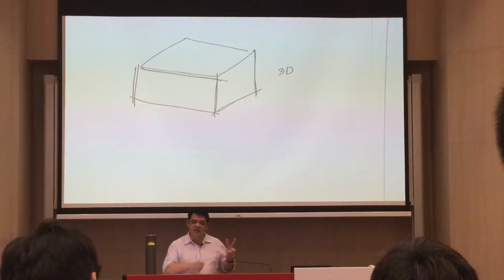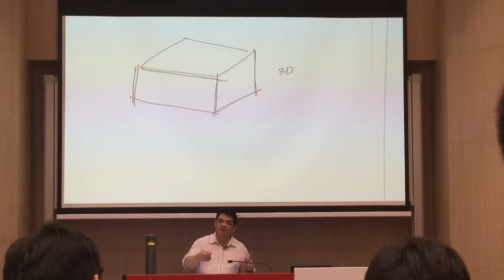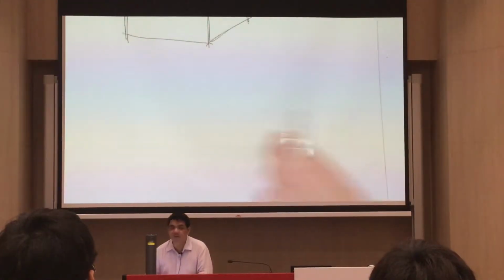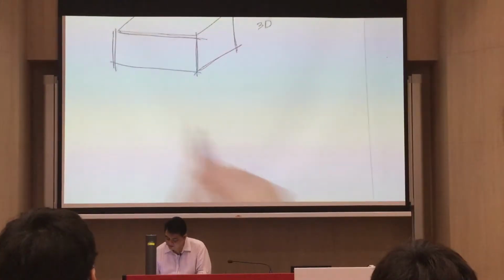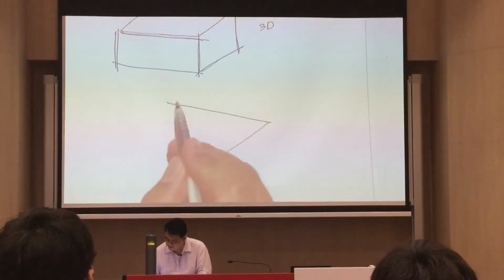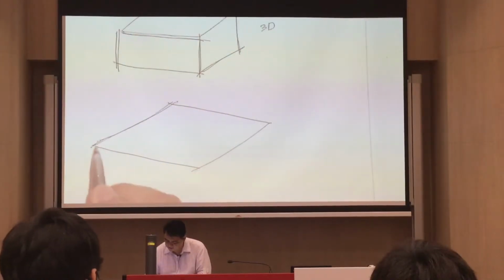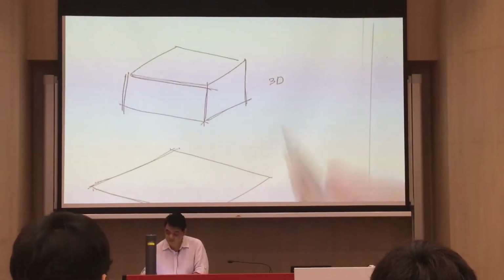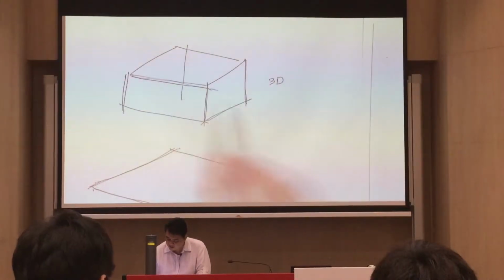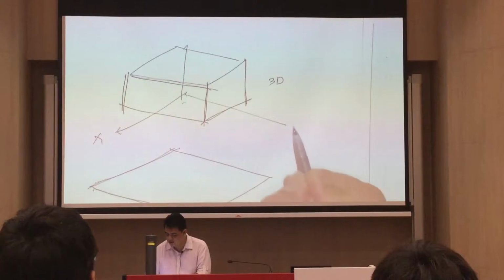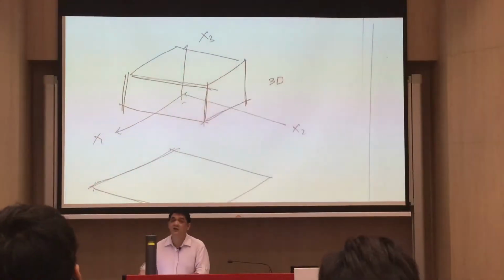Now, there are basically two assumptions wherein we can simplify the analysis to 2D. One is, of course, let's have a look at this one here. So we have now this one as your x1, x2, and x3.